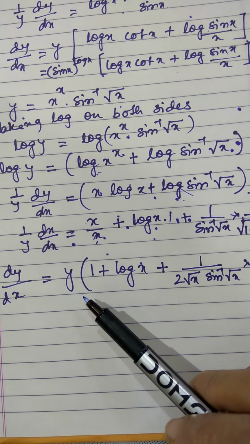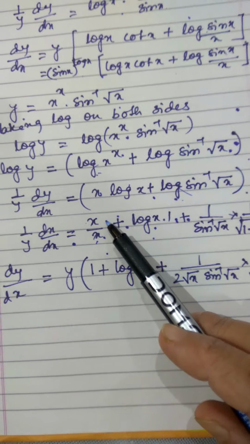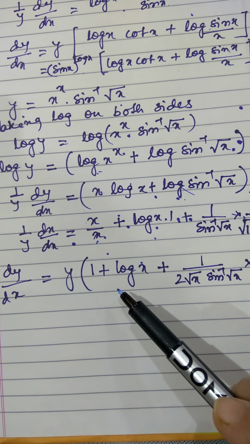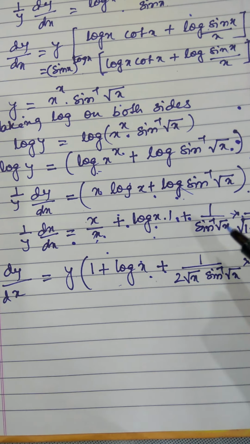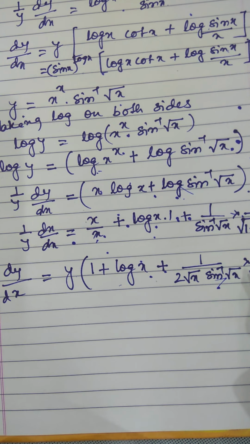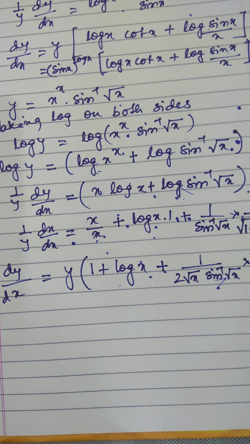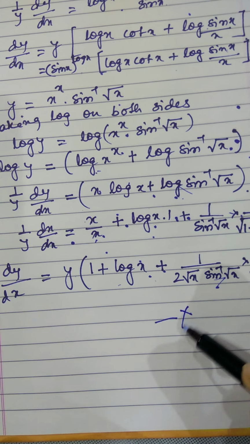So dy by dx, cross multiply y, is y times [1 plus log x plus 1 upon 2 root x sine inverse root x into 1 upon root 1 minus x].